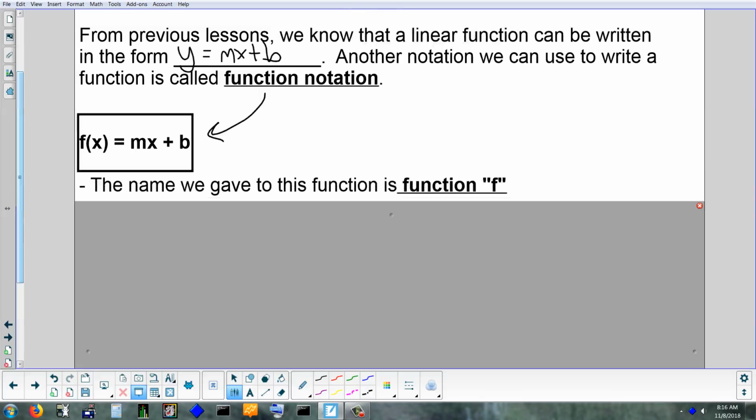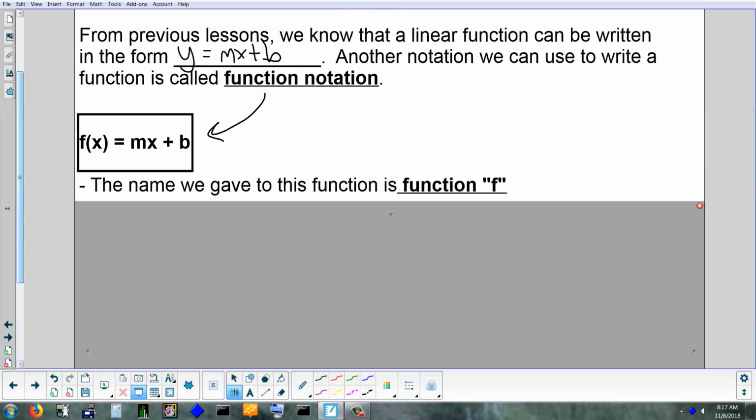All right, so if I was going to name this function, the name we gave to this function is function f, because it starts with the letter f. You can put any letter here, the letter outside the x in parentheses. You can put any letter there you want.